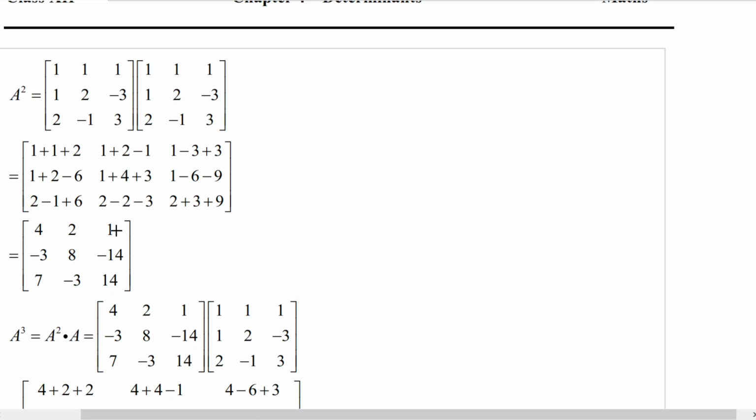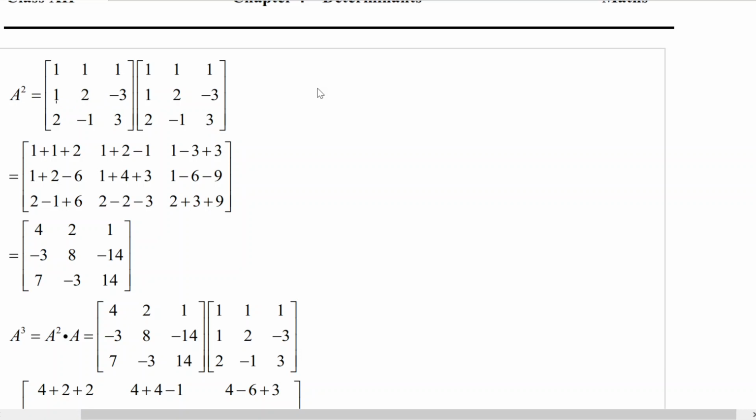Right? You can see here also. Then second row with first column: 1, 2, 3, minus 6, 3 minus 6 is minus 3. Multiplying with second column, 1, 4 plus 3, that is 8. And multiplying with third column, that is 1 minus 6 minus 9, that is minus 14. So this is also done.